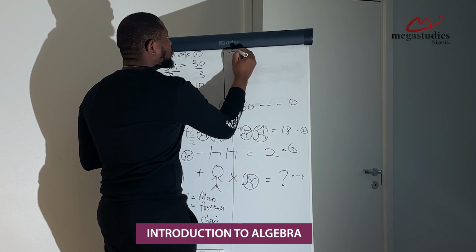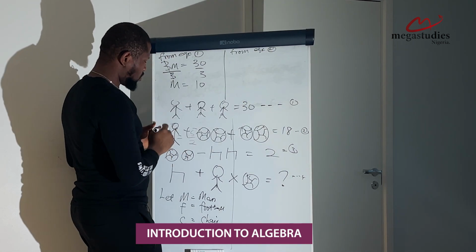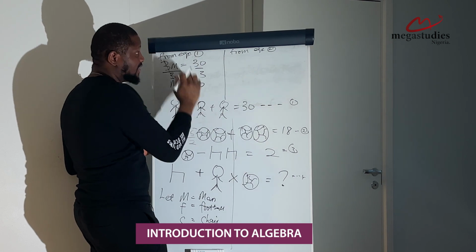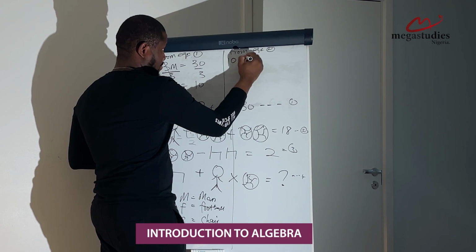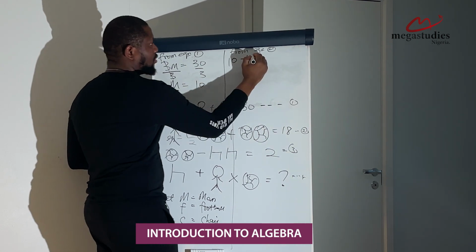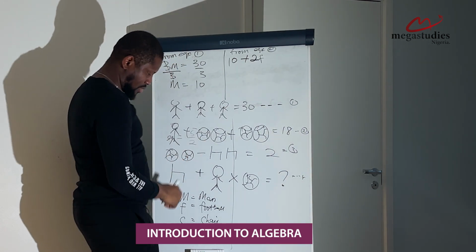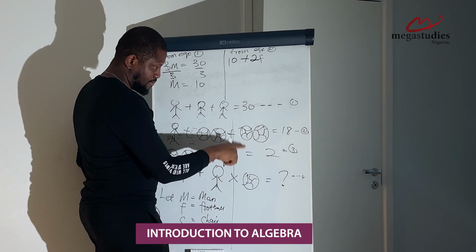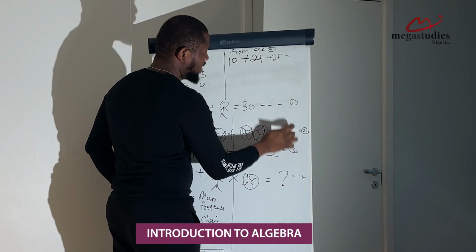From equation 2, the man is there. We already know the man, which is 10. This is 2 football, F to represent football, plus also 2 football, equals 18.